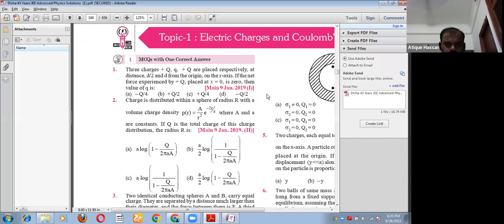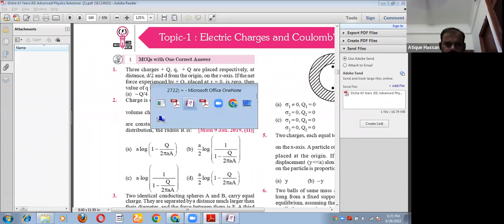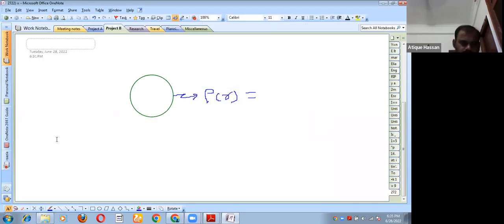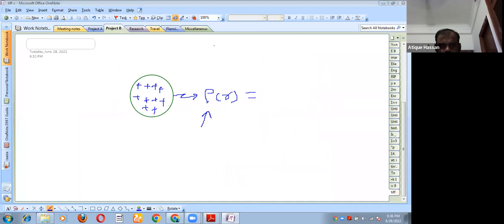It is given in the question, which is A upon r square e to the power minus 2r by k. Charge density, that is charge per unit volume. If I have some charge, then there must be charge density. This is called charge density.